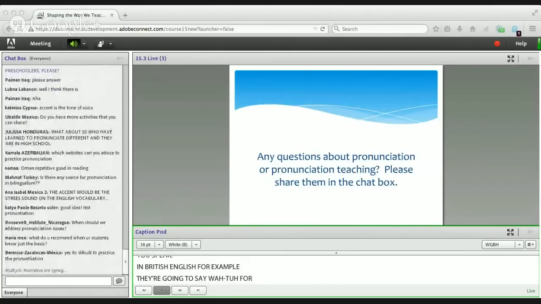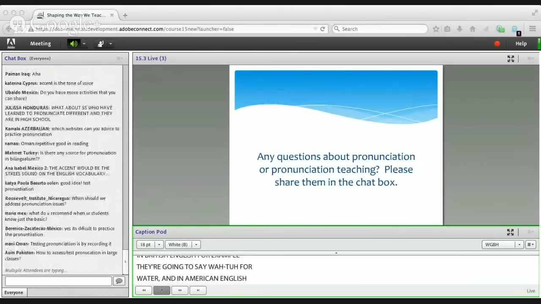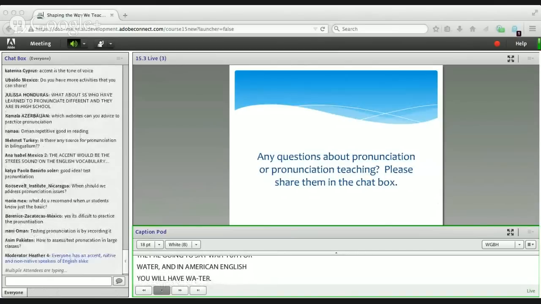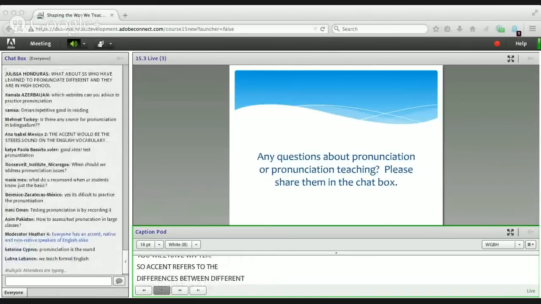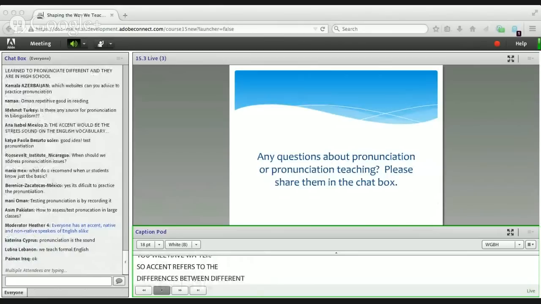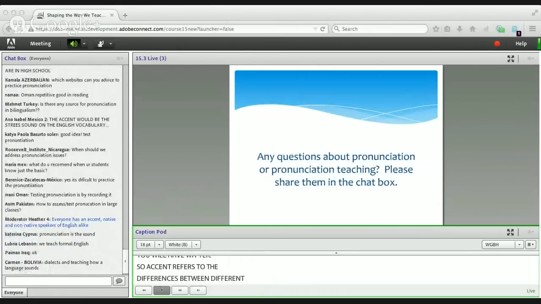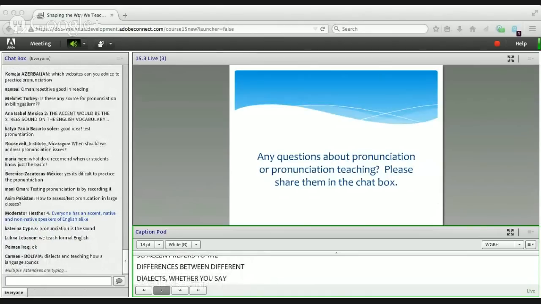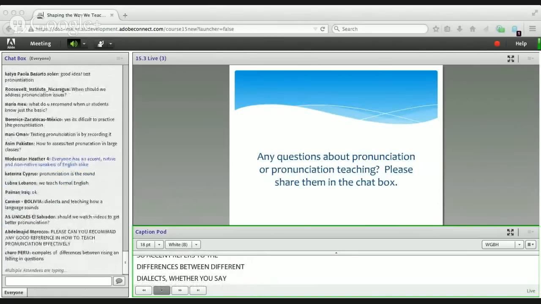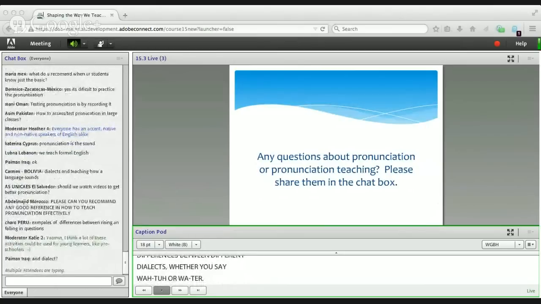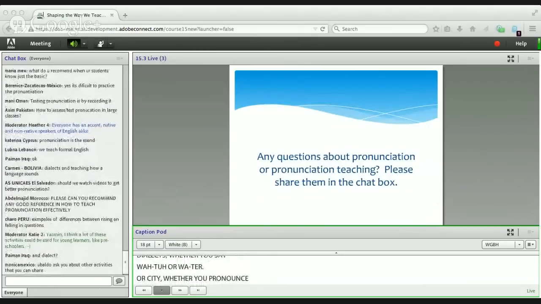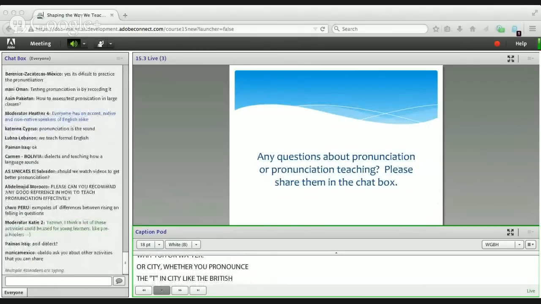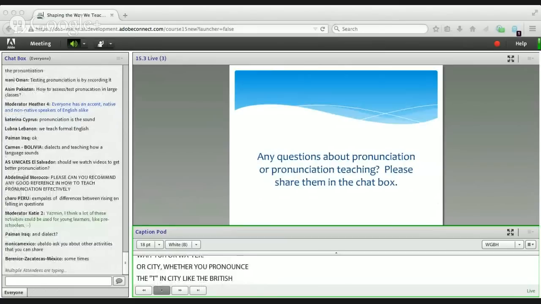So accent refers to the differences between different dialects, whether you pronounce the T in city like the British do, or letter, or better, or whether you're going to say city, which sounds more like a D, or letter, or better.